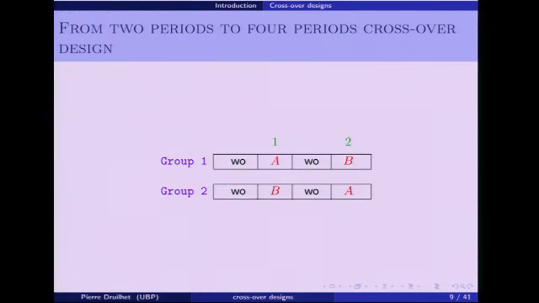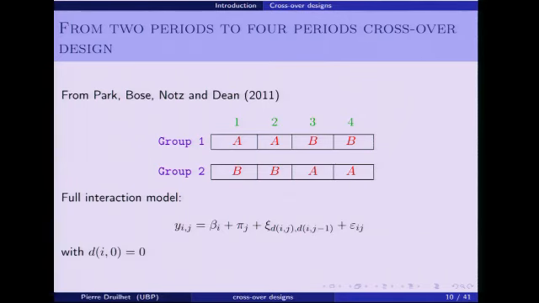So, for example, for a two-period crossover design, you may replace the washout period by just putting the same treatment. You see, you have A, B, B, B, B, and A. So in this period here, you have the treatment which is preceded by itself, so it corresponds to a real situation.